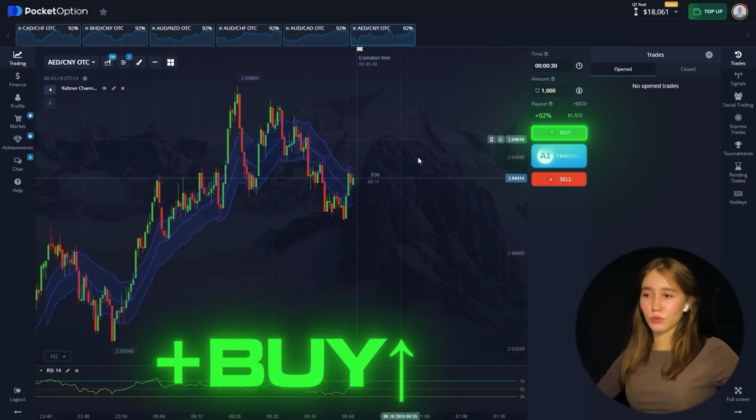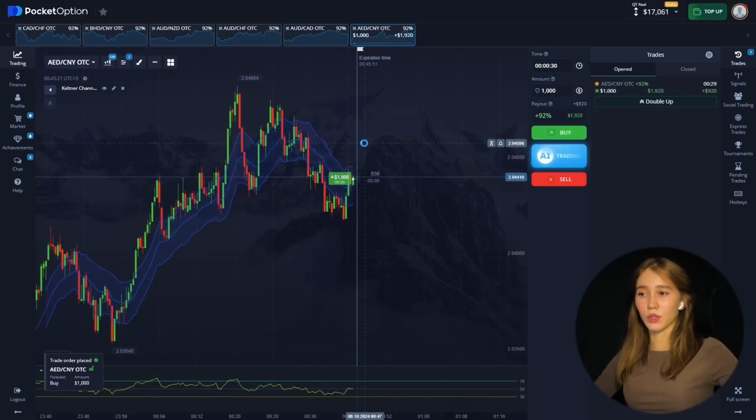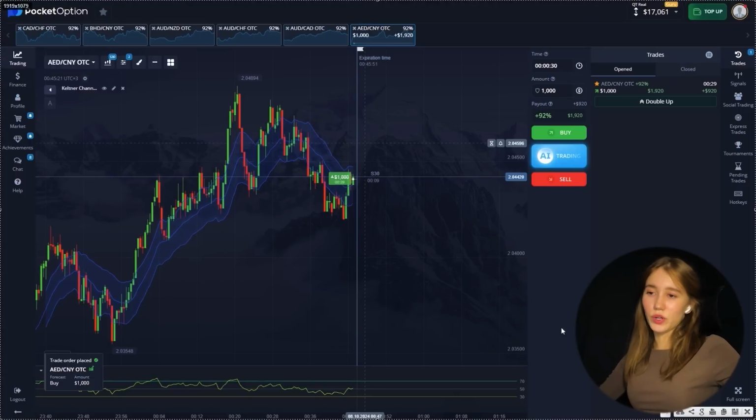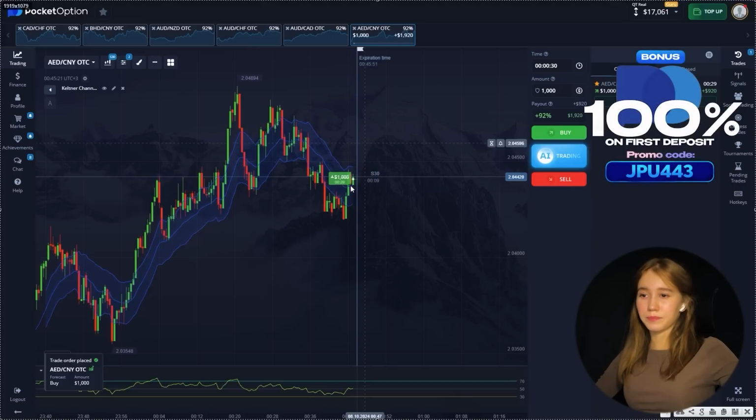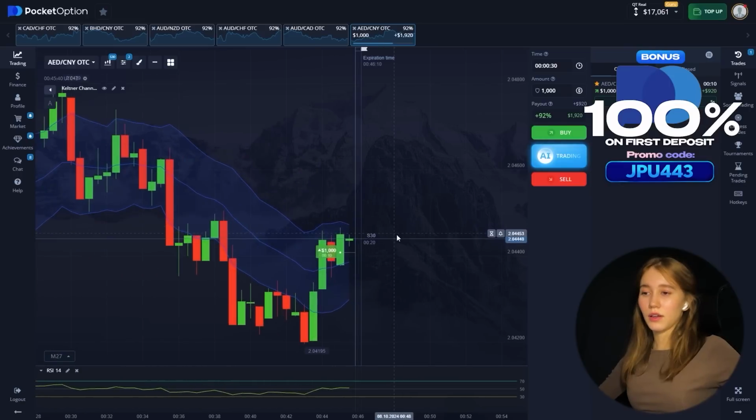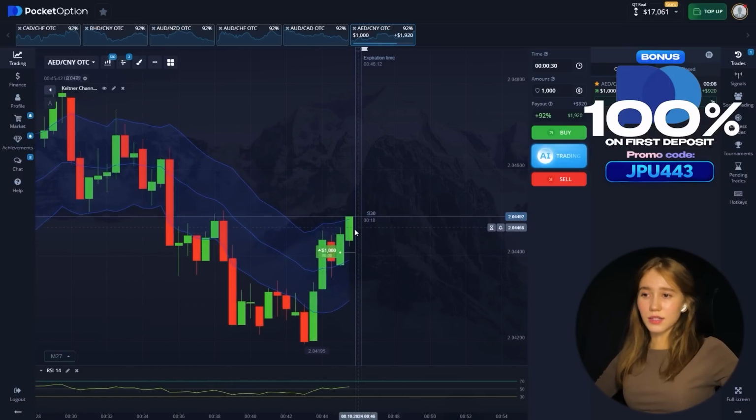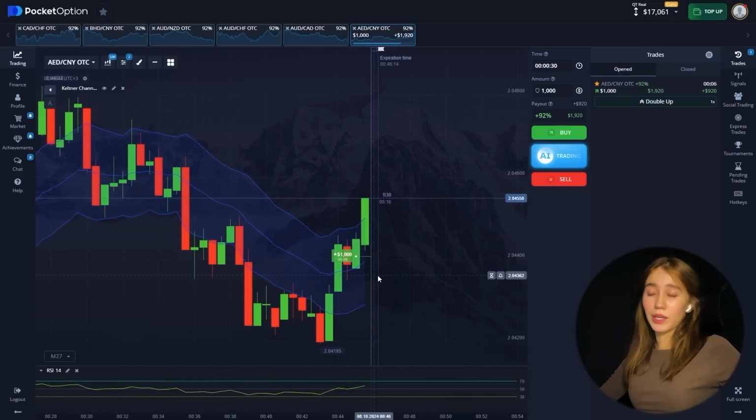We open the deal, of course, to the increase. The volume of the candle is pleasant. The last range is upward. The Keltner channel shows us an uptrend directed upward. On our side, the same situation. The complete uptrend is stable. Green candles, the volume is quite pleasant. We analyze the volume.